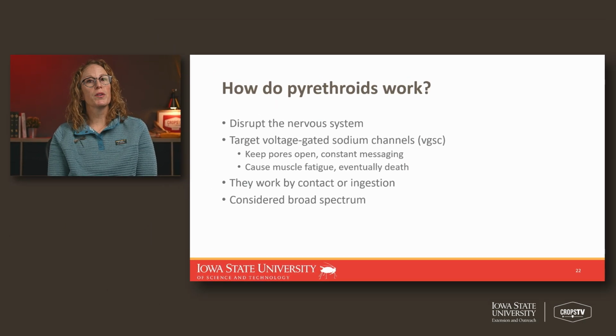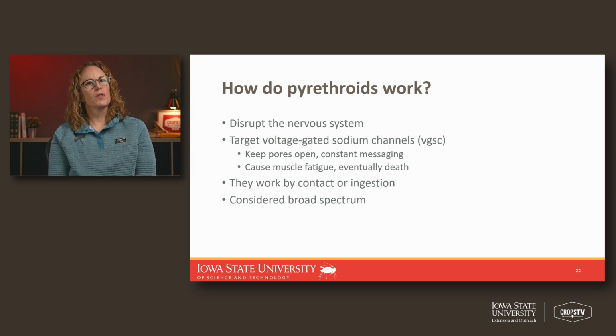So, if you aren't familiar, I just wanted to briefly recap how pyrethroids work. And again, they're targeting the nervous and muscle systems. More specifically, they are attacking the voltage gated sodium channels or VGSC. The nervous system works very similar to how it does for humans, in which you have openings and closings at those sodium channels that send messages to our muscles to help us move around, feed, and do everything that we normally want to do.